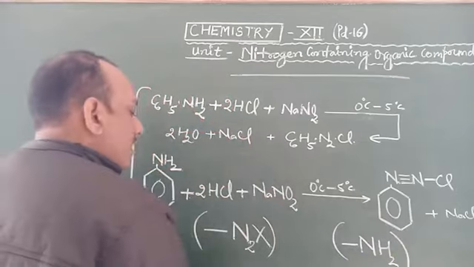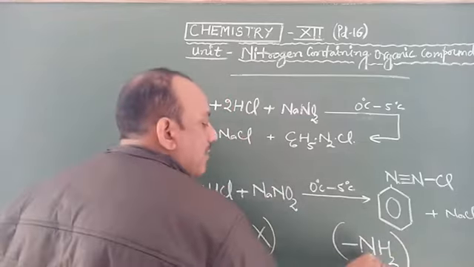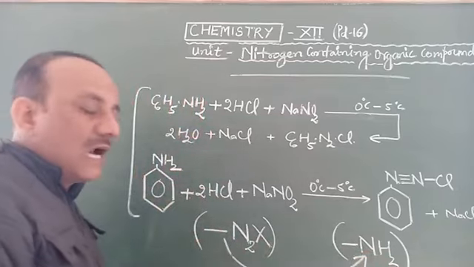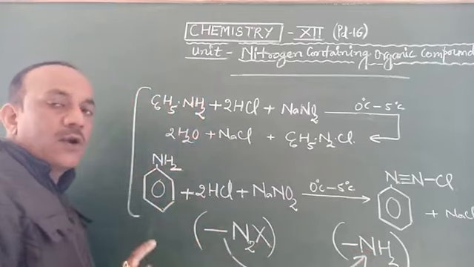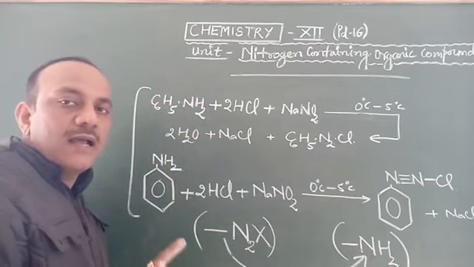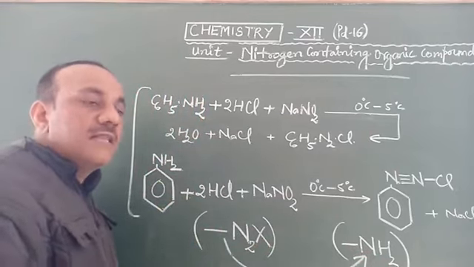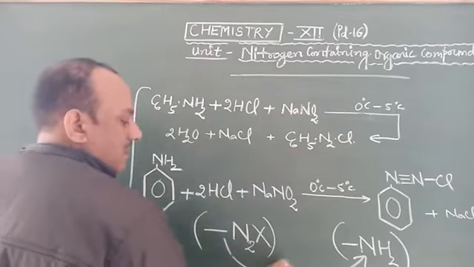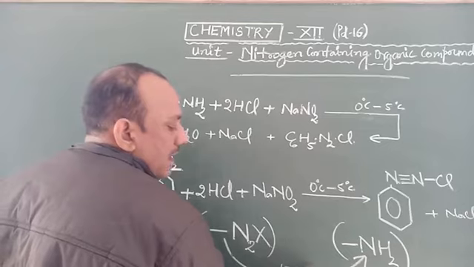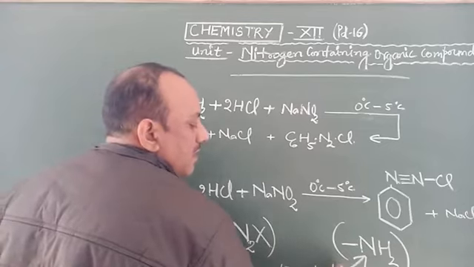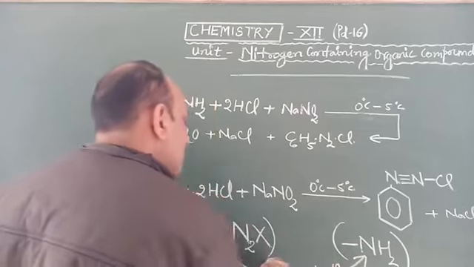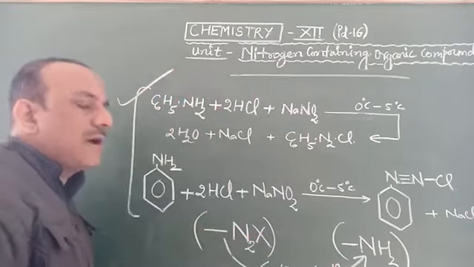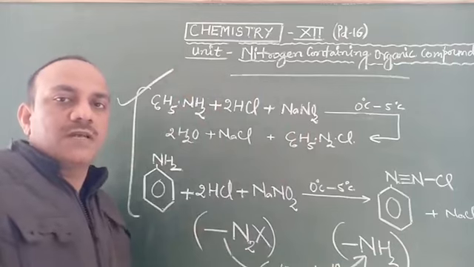So the replacement of the amine by the diazonium group is known as diazotization. Then this reaction is known as diazotization. So especially this reaction is the best example of a diazotization reaction.